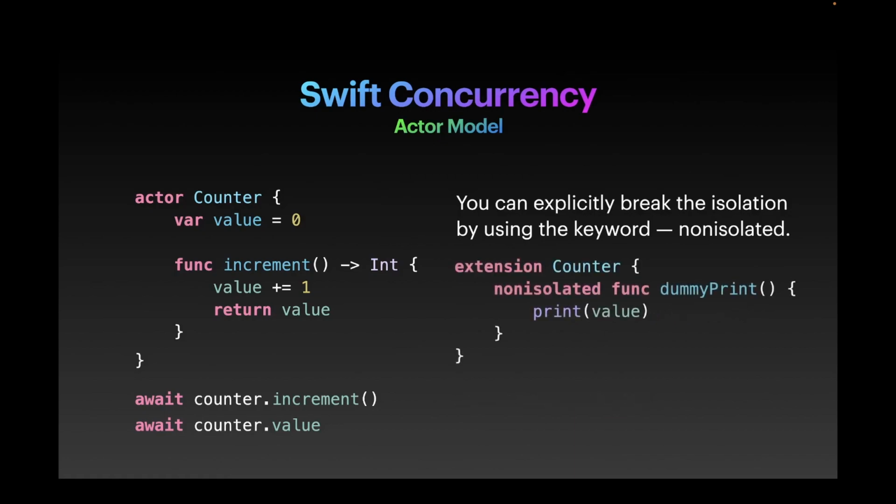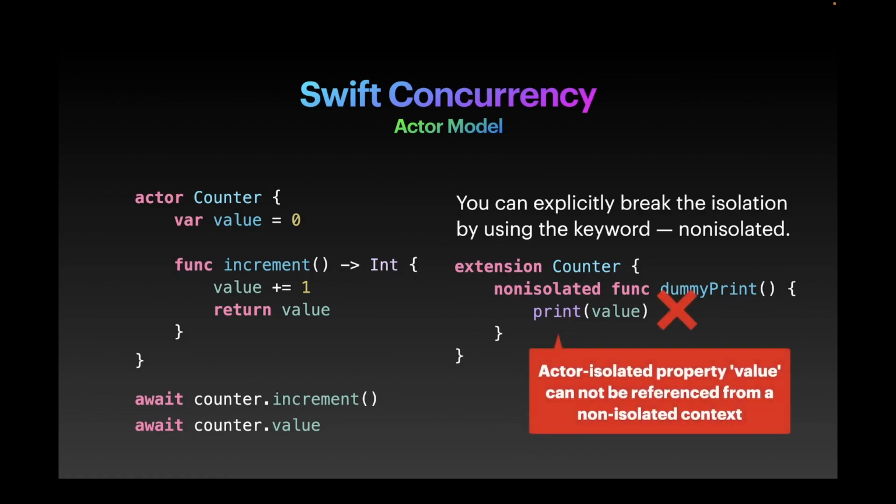Now let's move to the next example. This time, it's still the dummyPrint, and I still want to mark that as nonisolated. But this time, I'm just gonna print the value, which is a local variable I declared in the actor Counter. But this time, the compiler is gonna give you some errors. It says actor-isolated property value cannot be referenced from a nonisolated context.